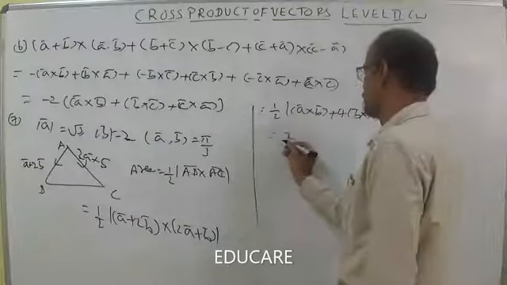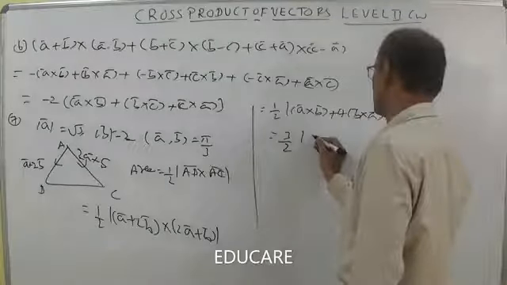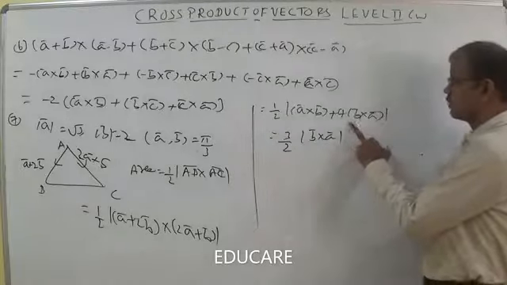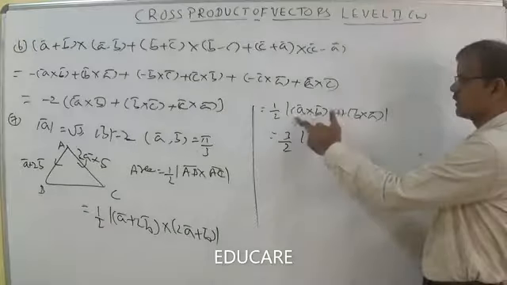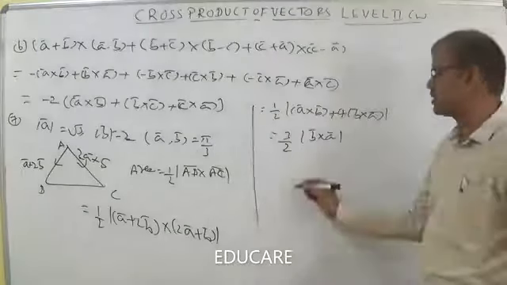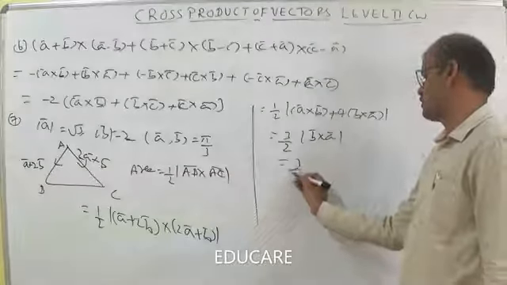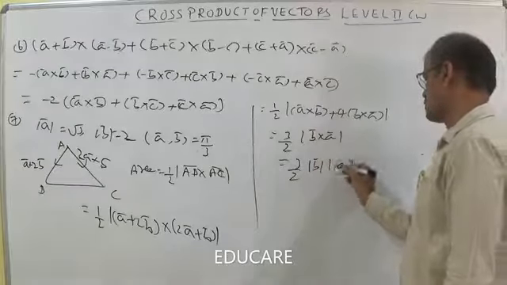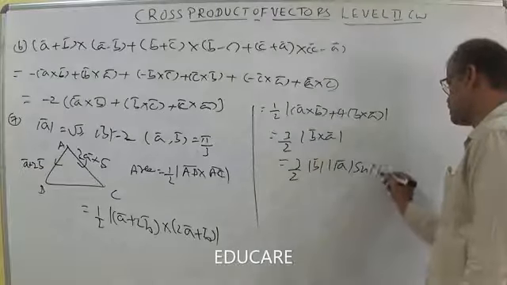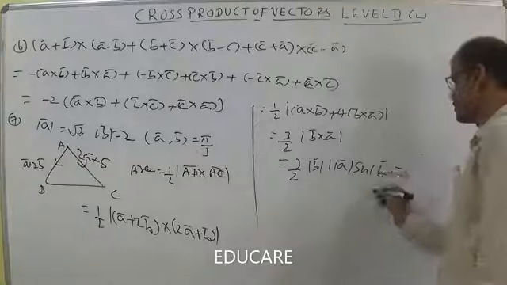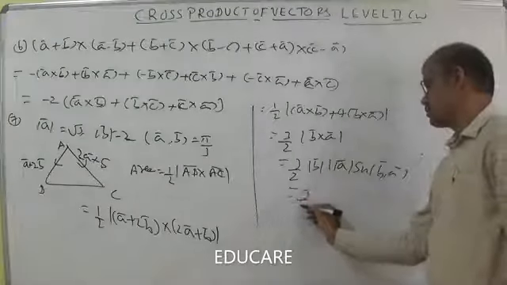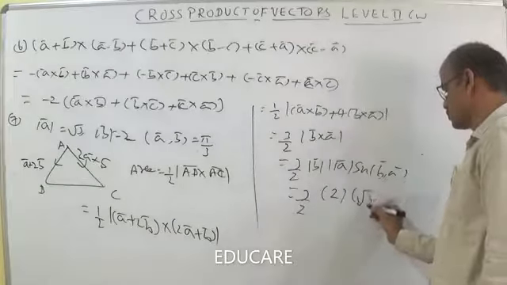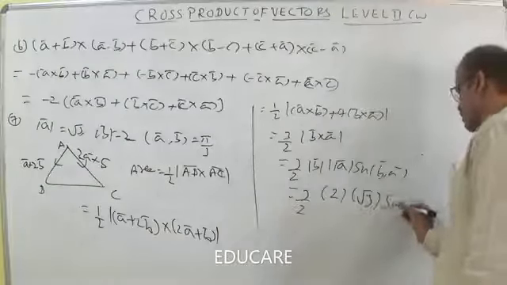So you can write 3 by 2 into modulus of b cross a or a cross b, minus 4 a cross b, otherwise minus b cross a. 3 by 2 into b cross a. This is the magnitude of the area. Then 3 by 2 into modulus of b into modulus of a into sine of b comma a or a comma b. That is equal to 3 by 2 into modulus b, value 2, and modulus a, value root 3, into sine pi by 3.